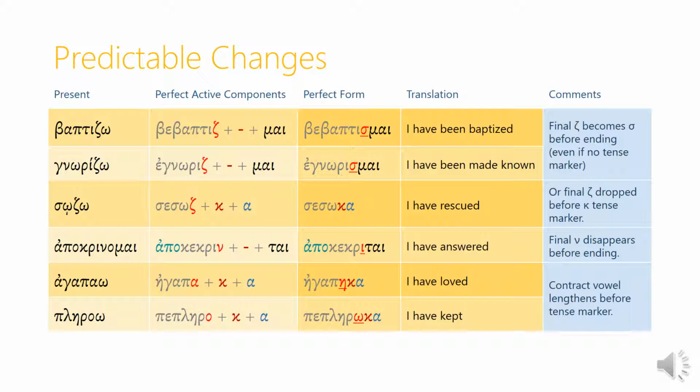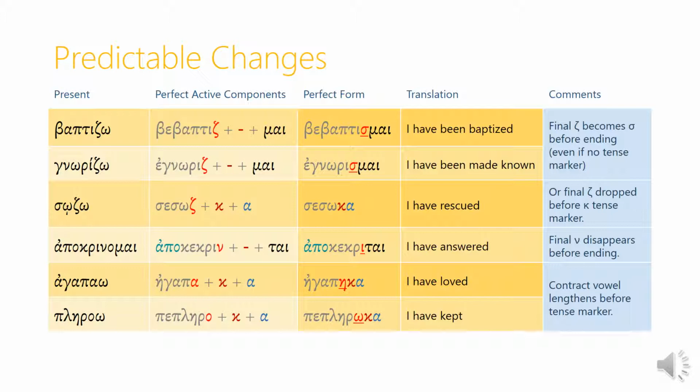Similarly with gnoridzo, egnorid plus the mai ending becomes egnorismai, I have been made known. In some cases, though, with the kappa tense marker, the zeta is just going to drop out. So with sozo, I save, I rescue.